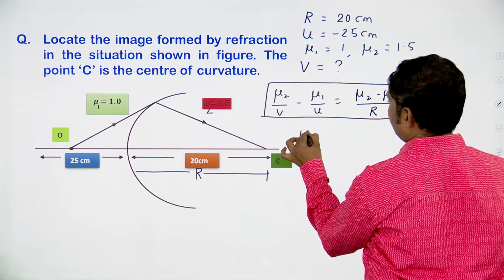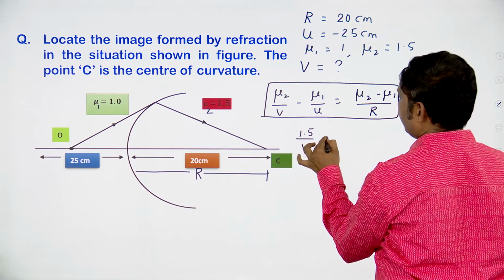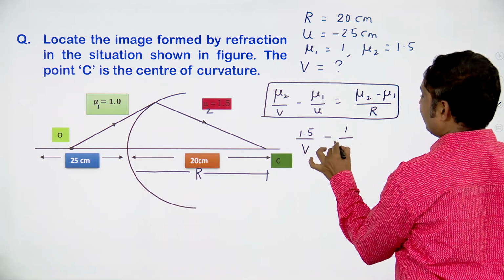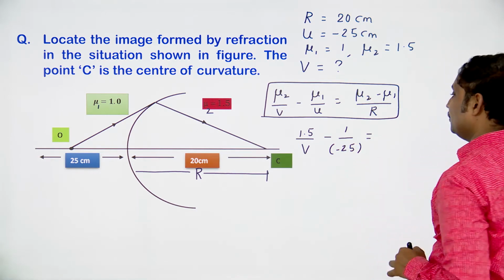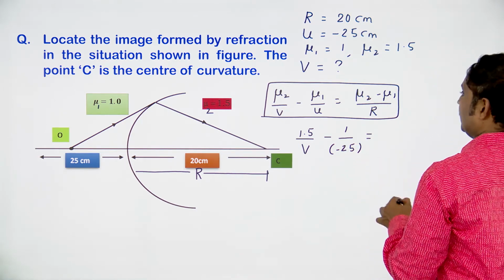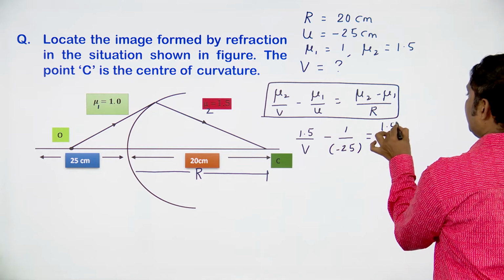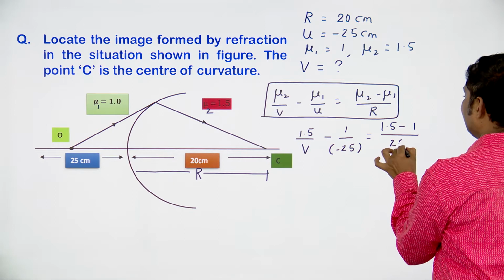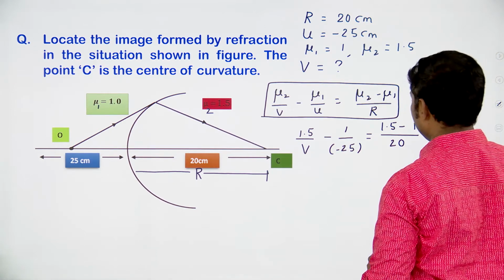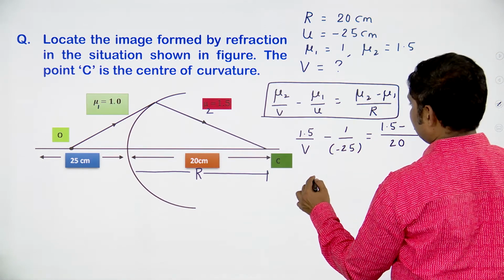1.5 by V minus 1 by minus 25, that is equal to, you can take that 1.5 minus 1 by what you are getting that 20. All right, it's very clear. You would like to go for this one, right?